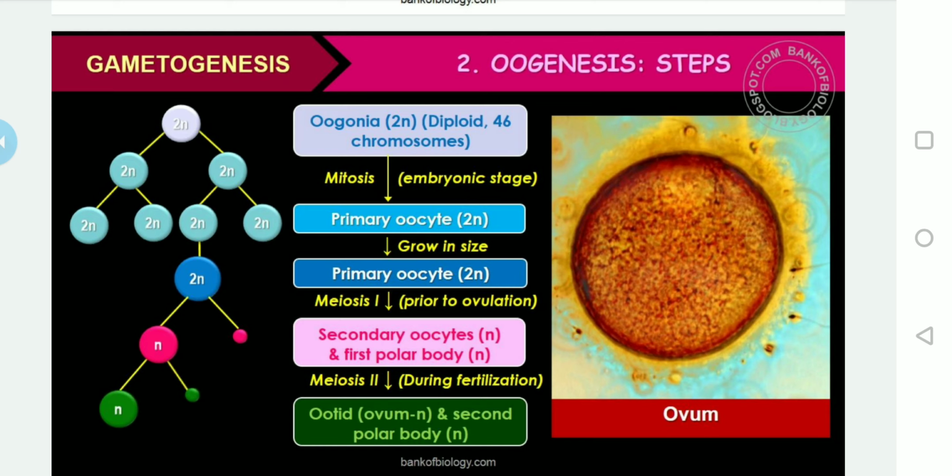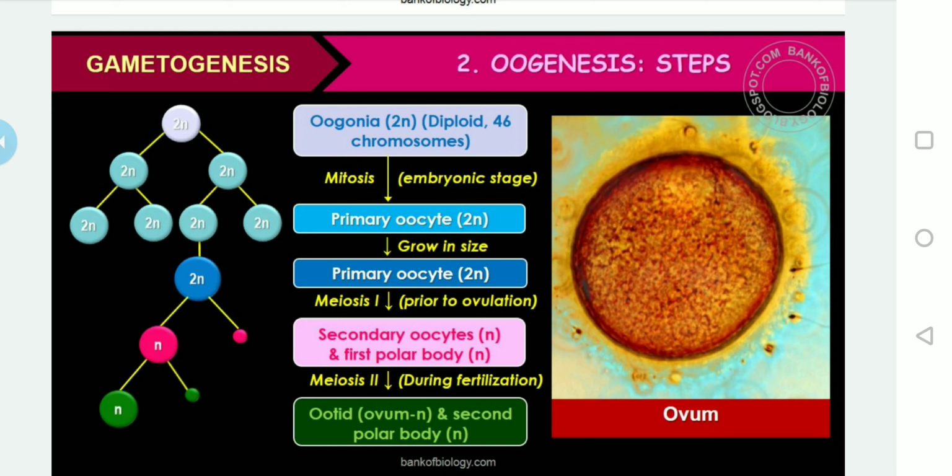In this growth phase, each diploid primary oocyte enlarges and stores reserve food materials, extracted from the surrounding follicle cells. And remember, only one primary oocyte matures per month, during one menstrual cycle, which is about 28 to 29 days.